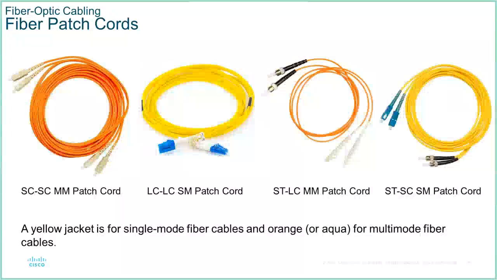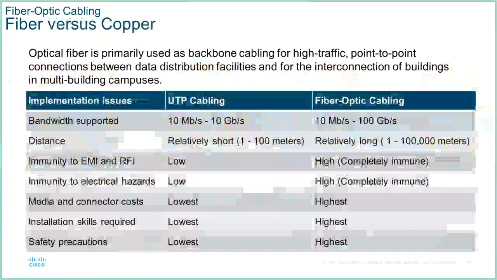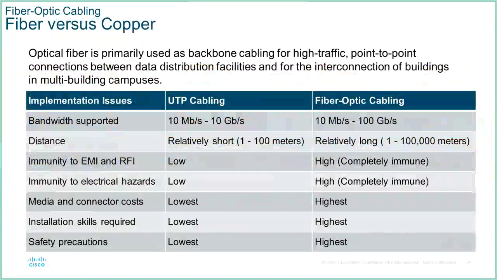Now you can do special orders that have different colors for different types of cabling. For example, you might have color codes based on the security level of your installation.